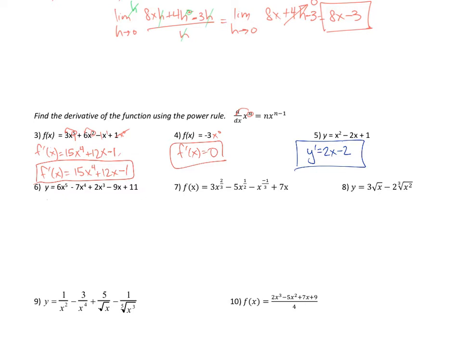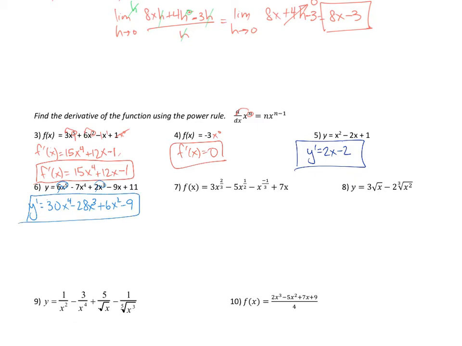So over here we end up with y prime, and this is going to be 30x to the 4th, because I multiply the 6 and 5, break it down a power, minus 28x to the 3rd, plus, multiply these, 6x squared minus 9. And that is the derivative there.